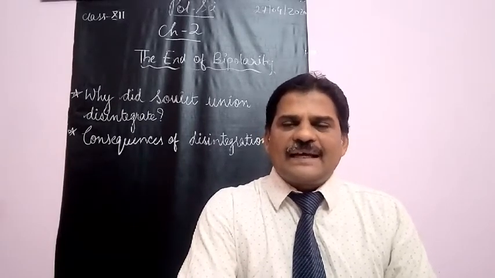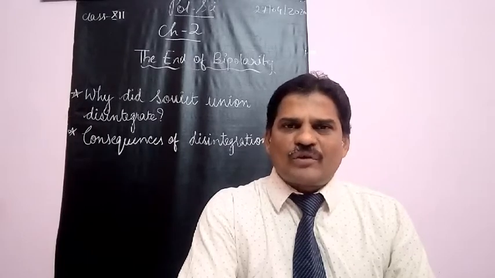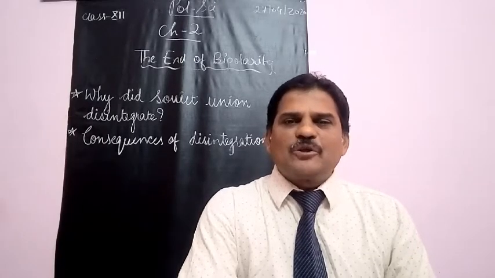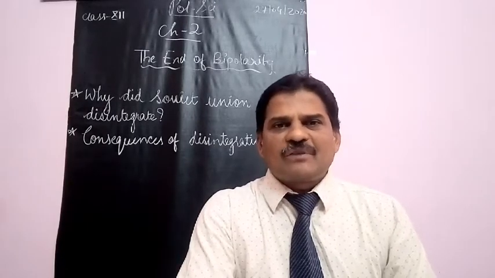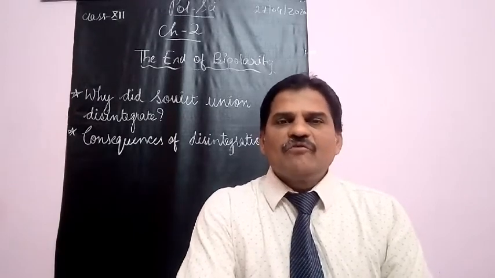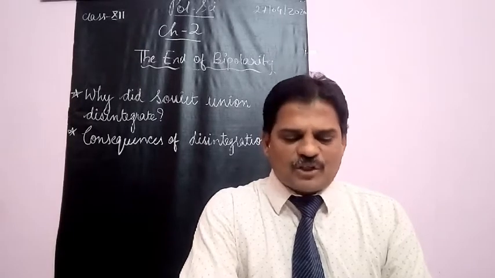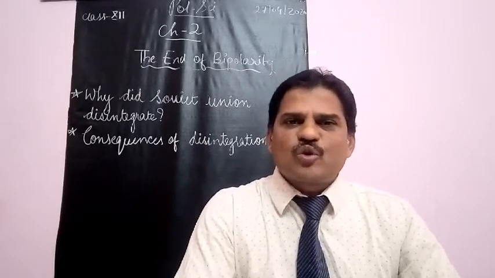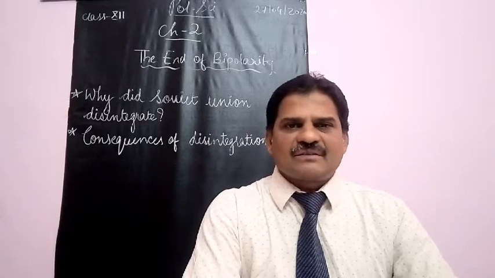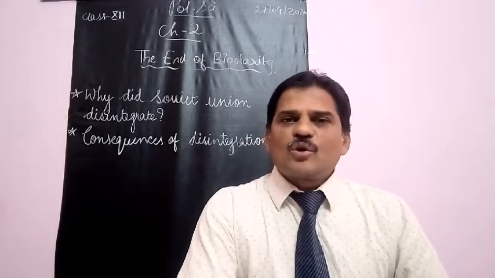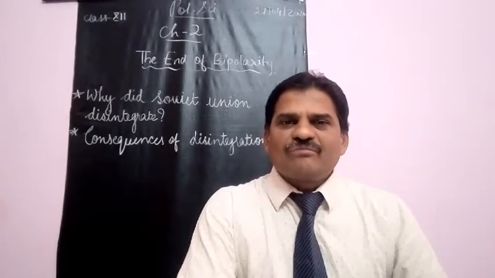The political and economic institutions of the Soviet Union were unable to meet the aspirations of the people, which were responsible for the collapse of the Soviet system. This is the answer.